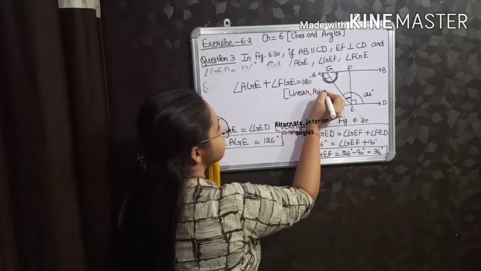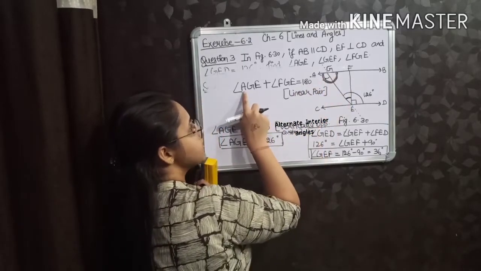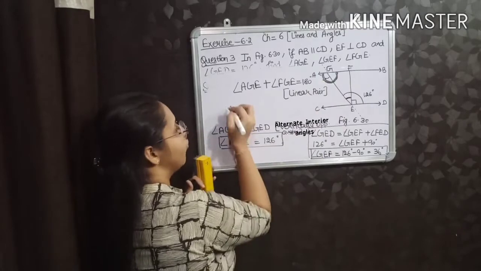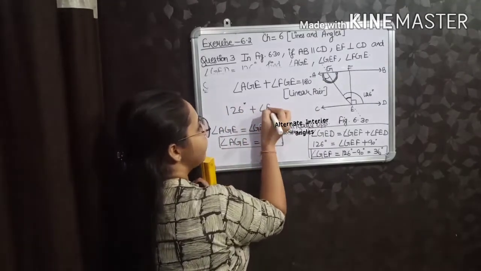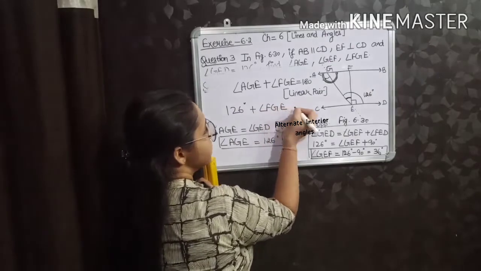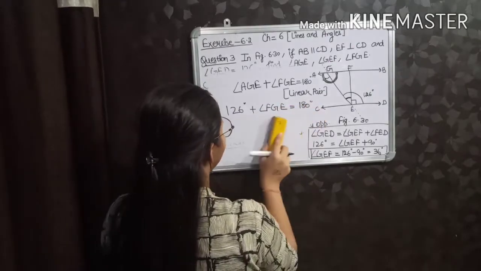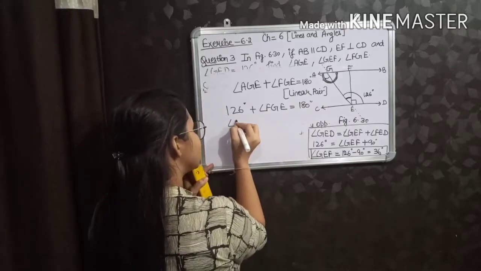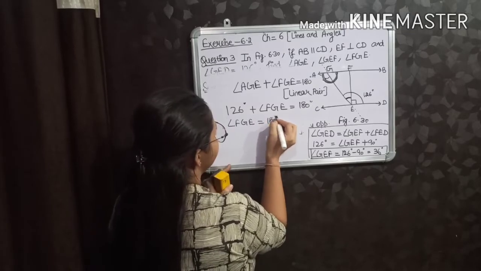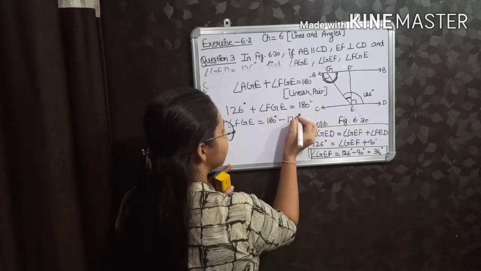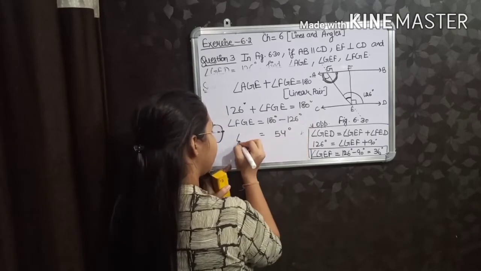Now what is angle AGE? AGE is 126 degree plus angle FGE is equal to 180 degree. Now you can find the value of FGE. So FGE is equal to 180 degree minus 126 degree, and that will be 54 degree.